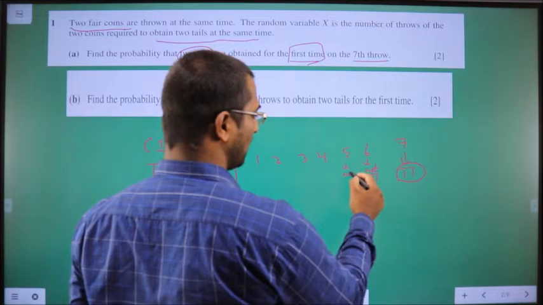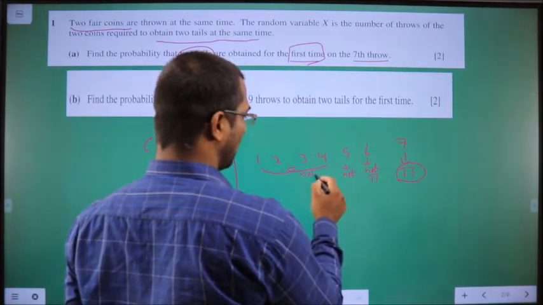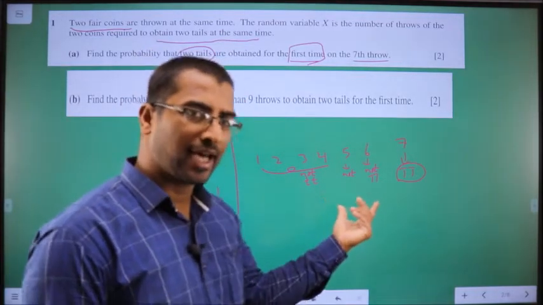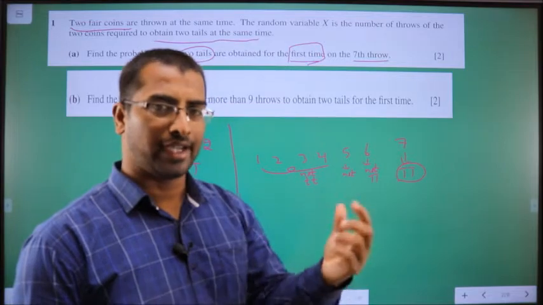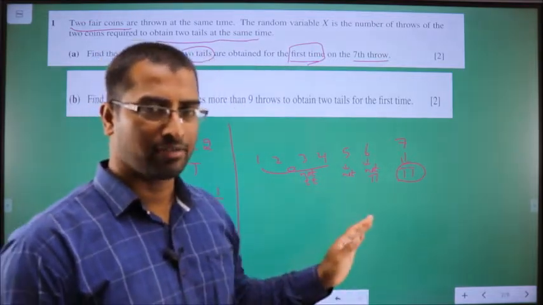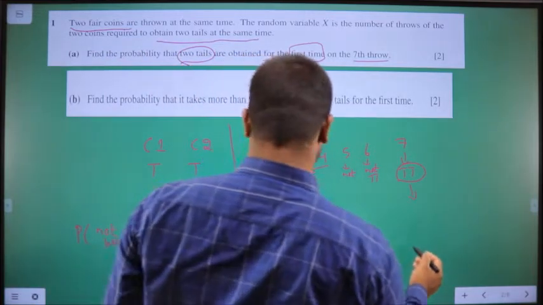Here also the same thing, not both tails. In all this, I should not get both tails. Only in that case, I can be sure that I get both tails for the first time on the 7th throw. Clear with this?